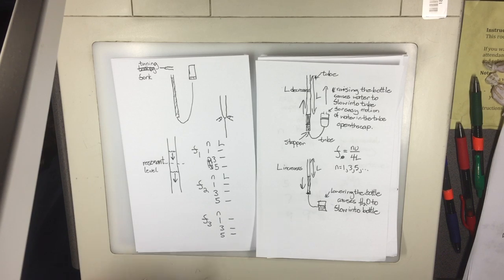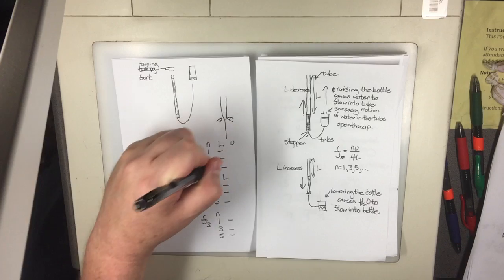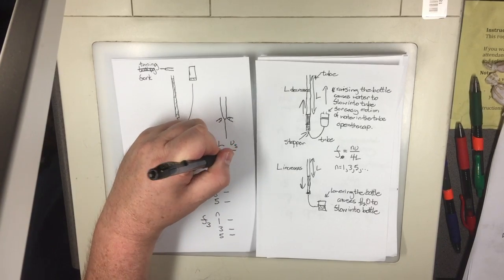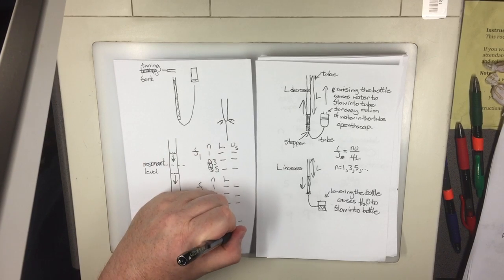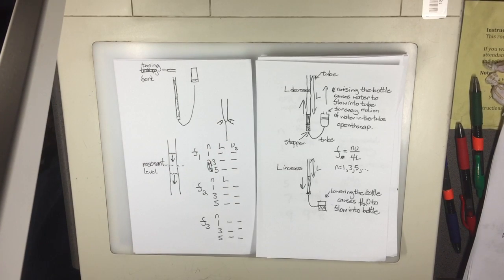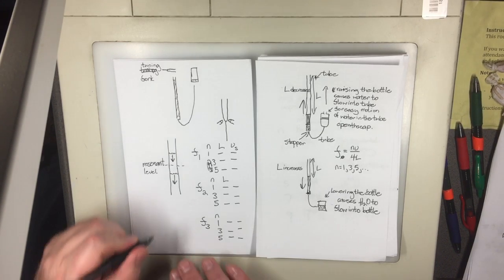From each of those positions, you're going to get a velocity of sound in air. You then get an average velocity for each of the frequencies, and then you get that total average for the velocity of sound in air.